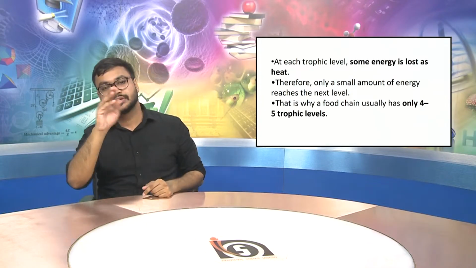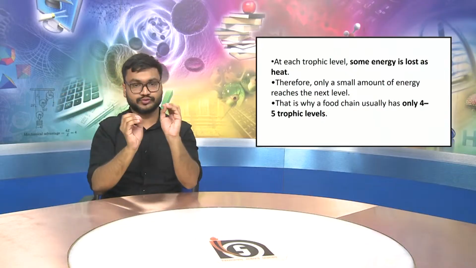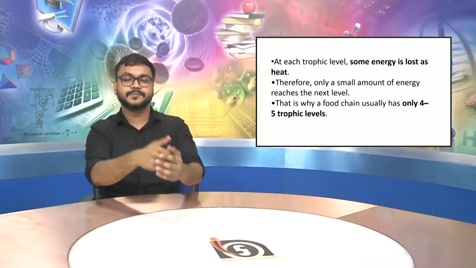This is why a food chain usually has only 4 to 5 trophic levels.